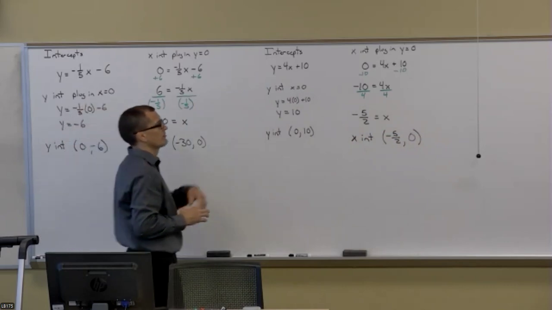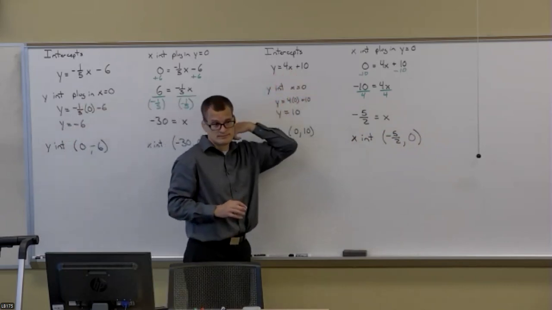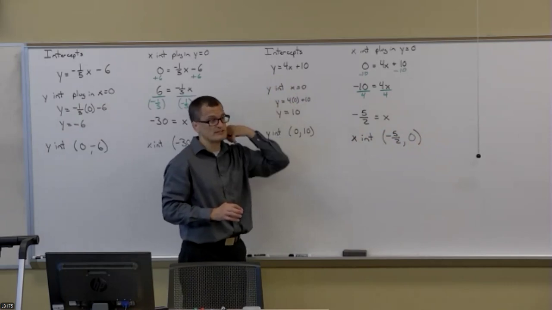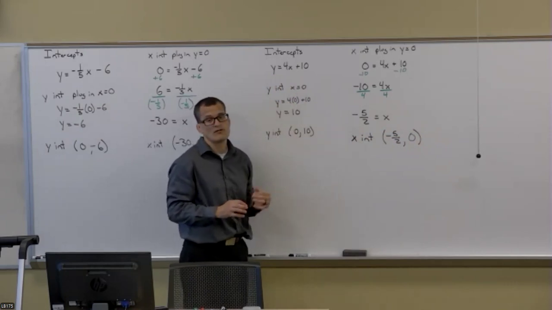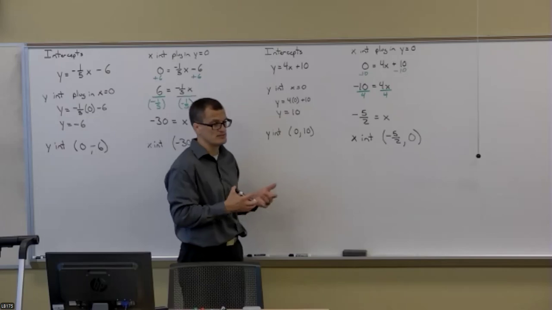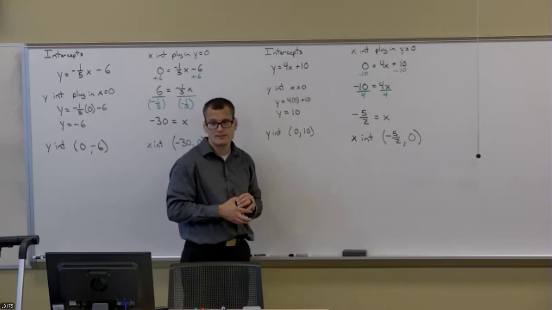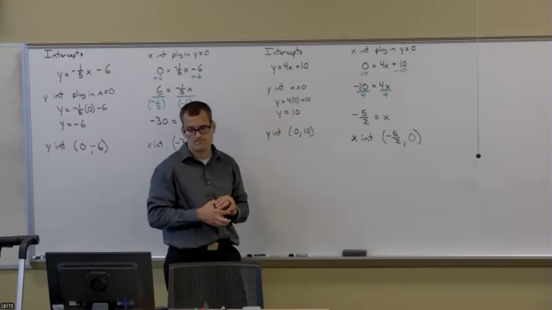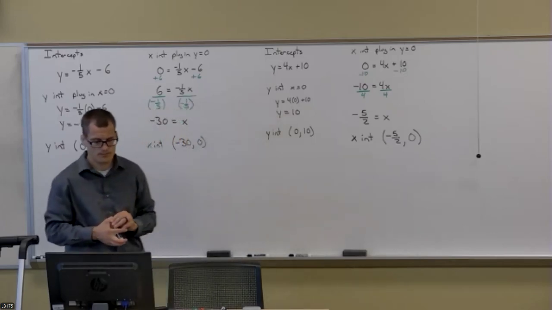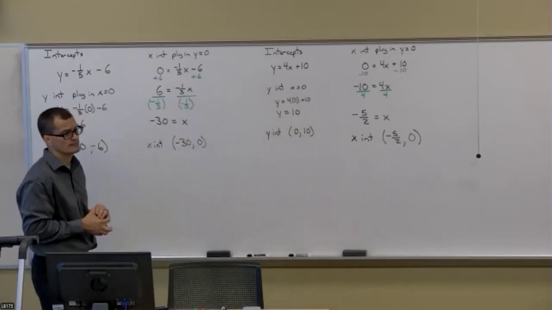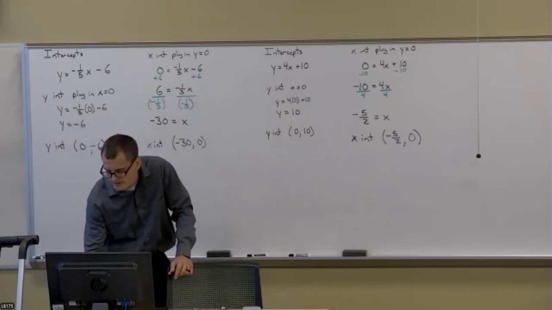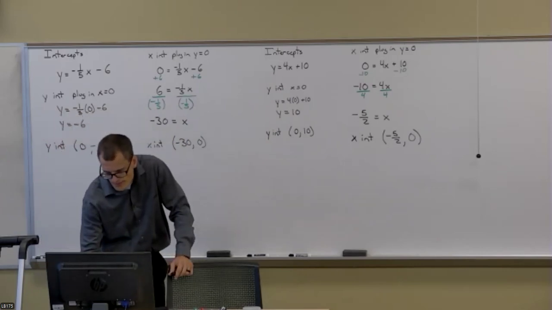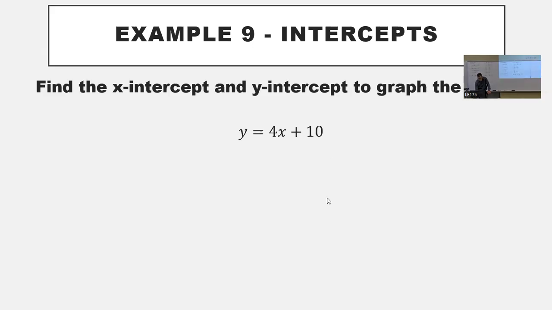And again, if I wanted to graph this line using intercepts, I could. Or if I just needed to find the intercepts for some reason, I could. So that's one other way to do graphing if we want.